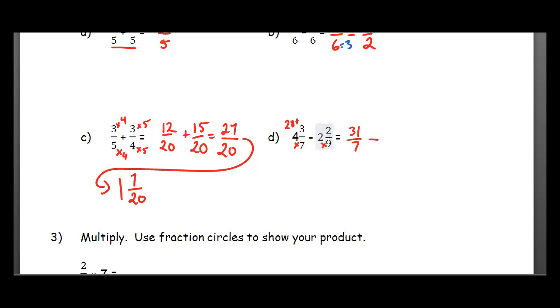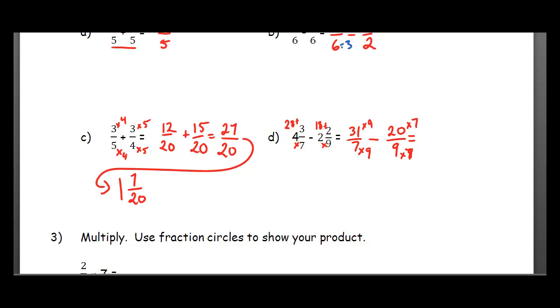Minus 2 times 9 is 18, plus 2 is 20/9. Now I can find a common denominator for these. And a common denominator between 7 and 9 is, I think it's 63. It's just multiplying them both. So 7 times 9 times 9, and 9 times 7.